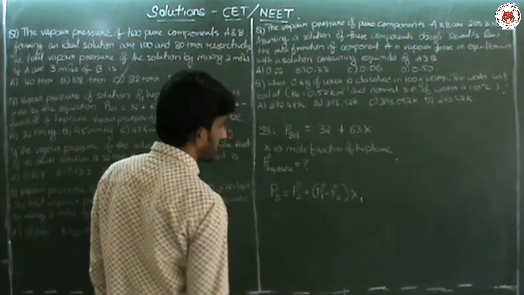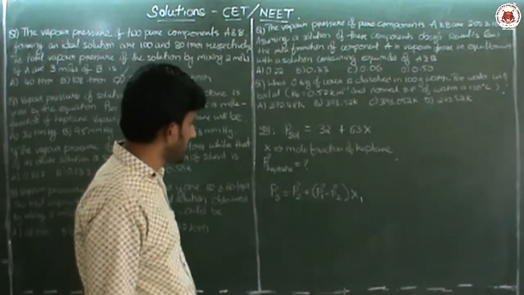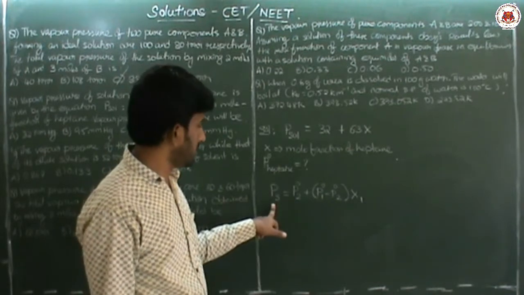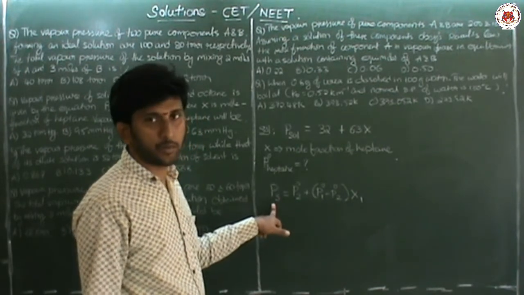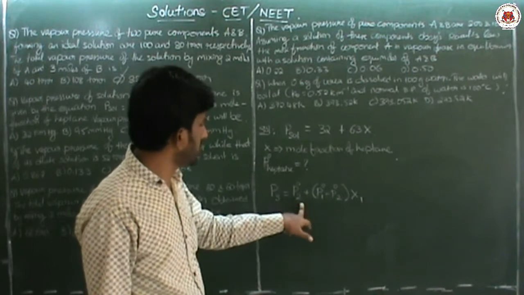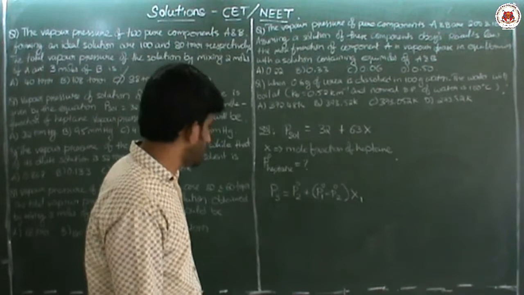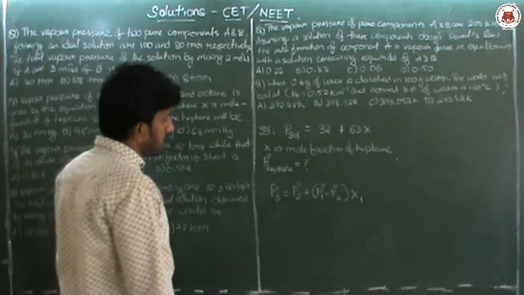If you remember this equation, for Raoult's law containing two volatile components, P solution is equal to P02 plus P01 minus P02 into x1.